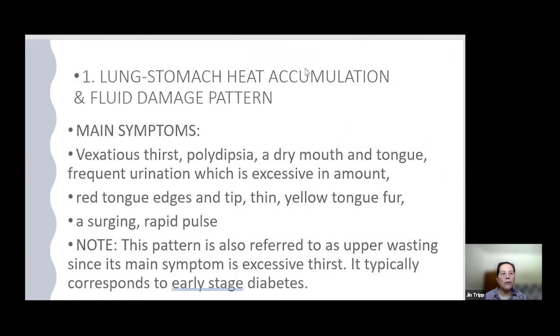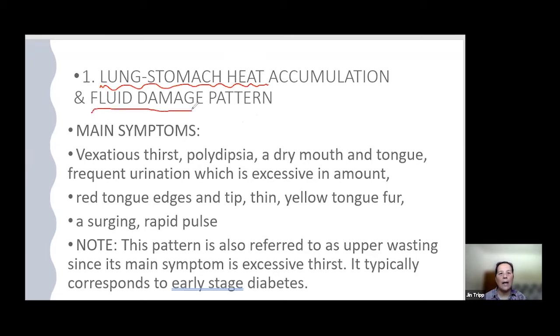Then we go to a different part, and our treatment we still follow different patterns and give the patient the treatment. The first pattern we're talking about is lung and stomach heat accumulation causing body fluid damage.